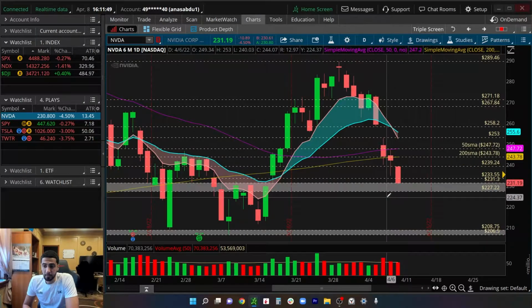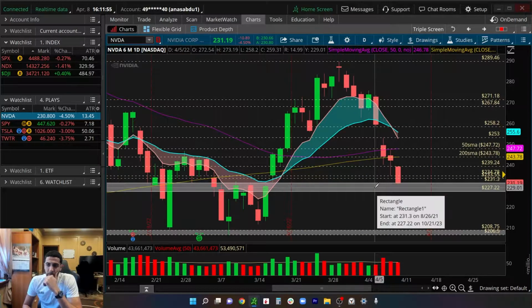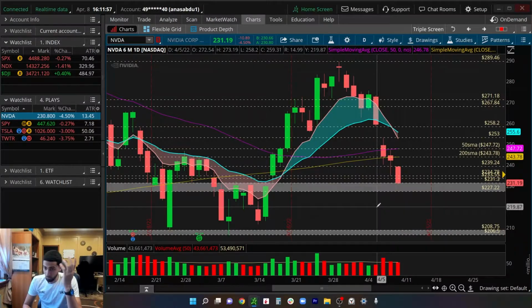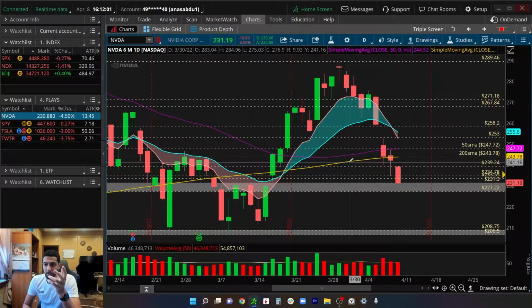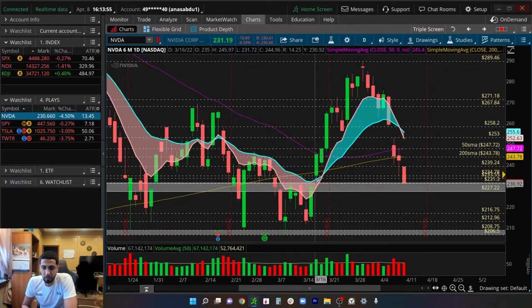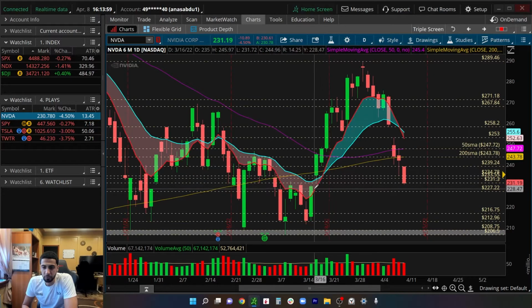Previous day's low, that's super important. Over 234, Nvidia can make a strong bounce back to 240, 245, maybe even retest the 50 SMA of 247. So I like this gap up right here for a potential support. Take out this rectangle and draw a new one.